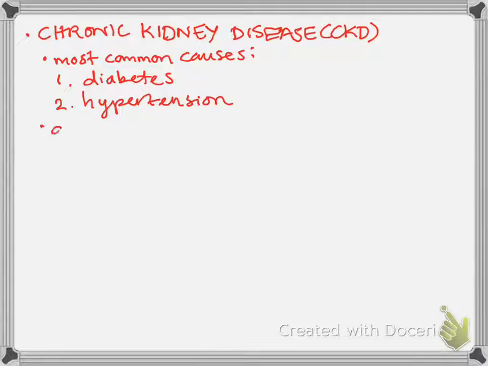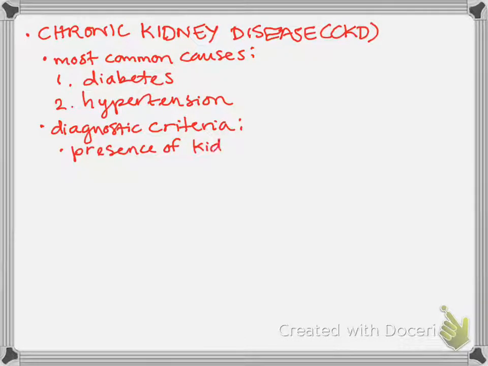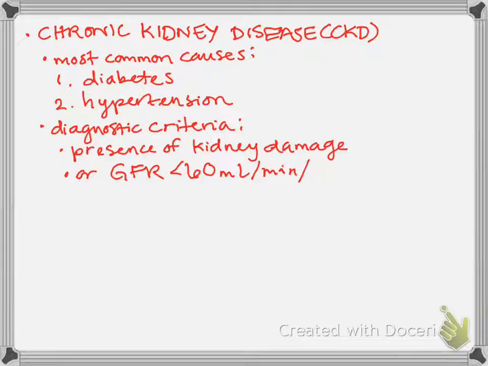We have a diagnostic criteria to place a patient in this category. This is the presence of kidney damage or a GFR less than 60 mils per minute per 1.73 meters squared.